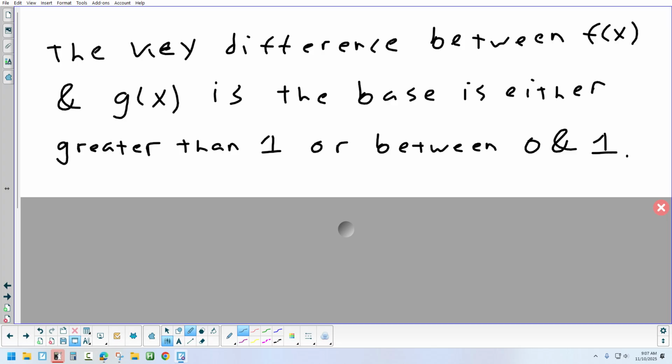All exponential functions that have a base bigger than 1, if you don't do any transformations, will look very similar. All exponential functions that have a base between 0 and 1 will also look similar. They're going to be decay functions.